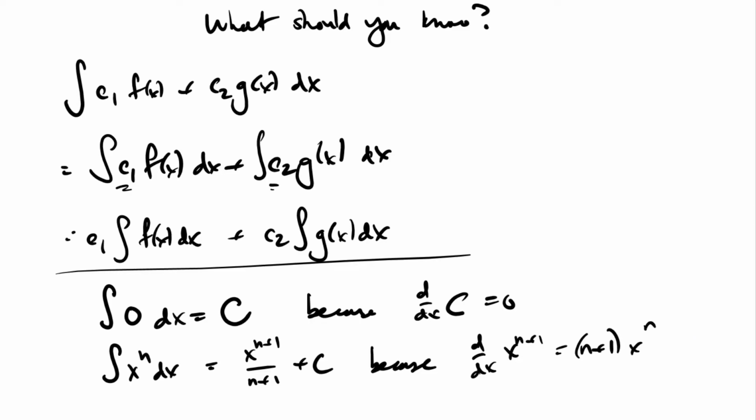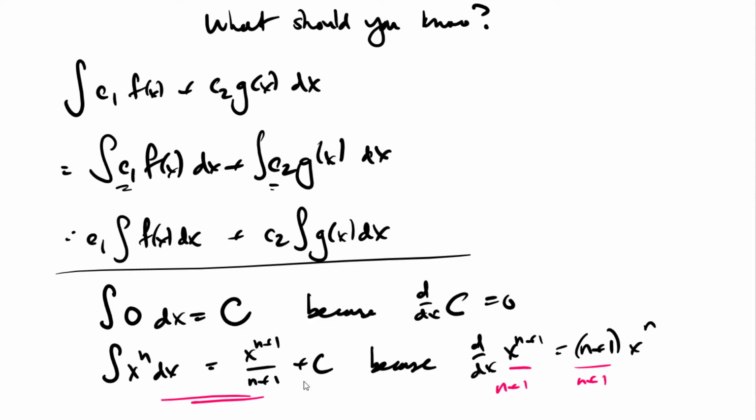You can see that this is going to give you the right rule, because if you divide both sides by n plus 1, then you end up with exactly what we've written right here. So if you know a derivative rule, you can reverse it and get a rule for integrals.